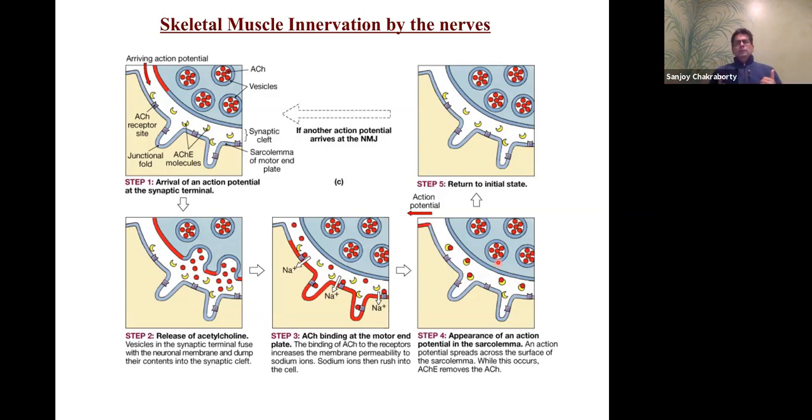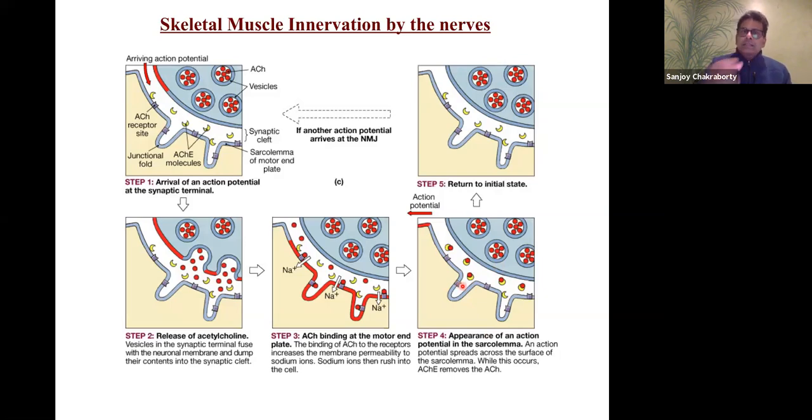So the calcium comes back in, contraction ends, and the muscle will eventually relax. So contraction begins when the signal goes to the sarcoplasmic reticulum, and contraction ends as soon as this enzyme chops up the binding between the neurotransmitters and the receptors.